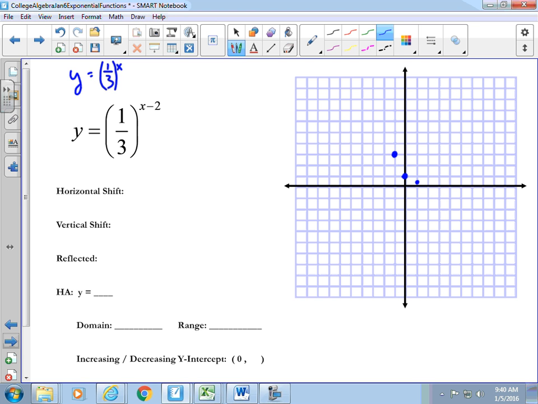How has it been moved? Good. Right 2. Does everyone see that right 2? So I'm going to answer that question. That's a horizontal shift, correct? Horizontal shift, right 2.